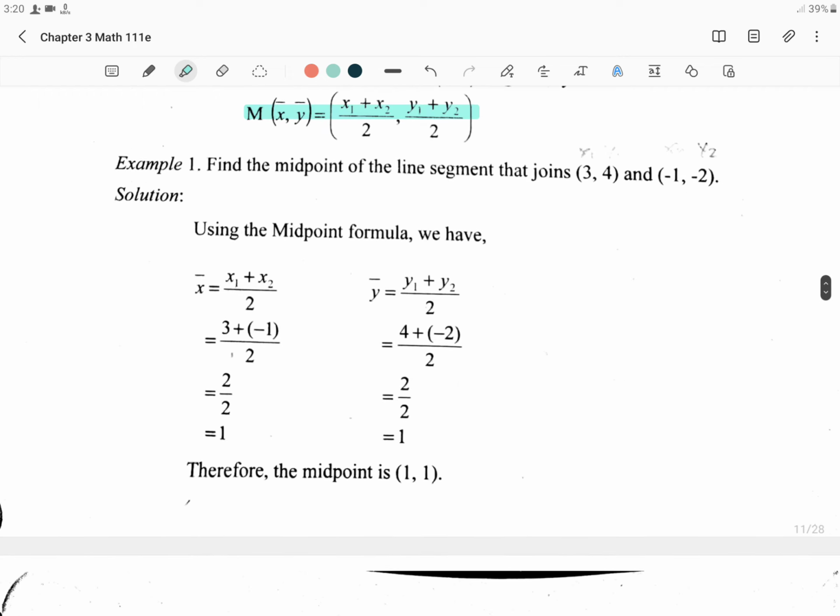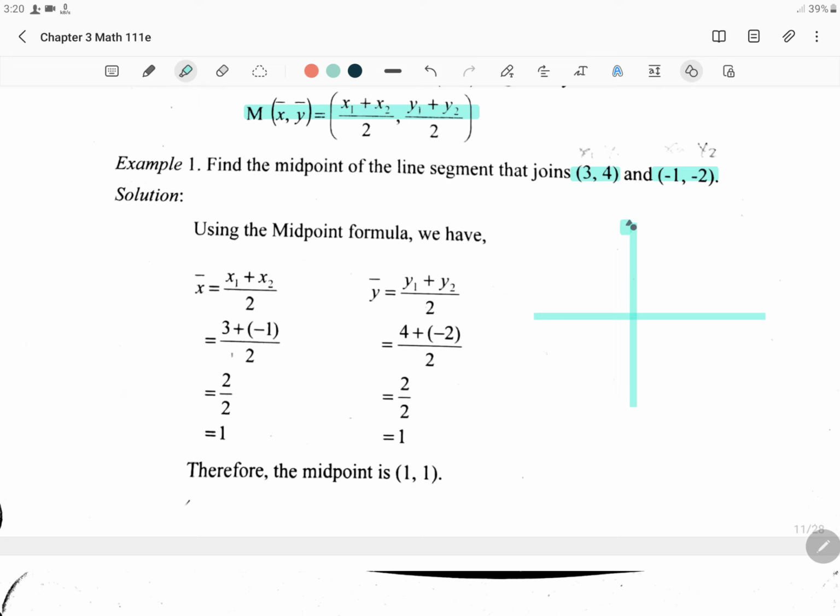So meron tayo ditong line segment that joins 3, 4 and negative 1, 2. So ito gawa lang ako dito ng let's say Cartesian plane.